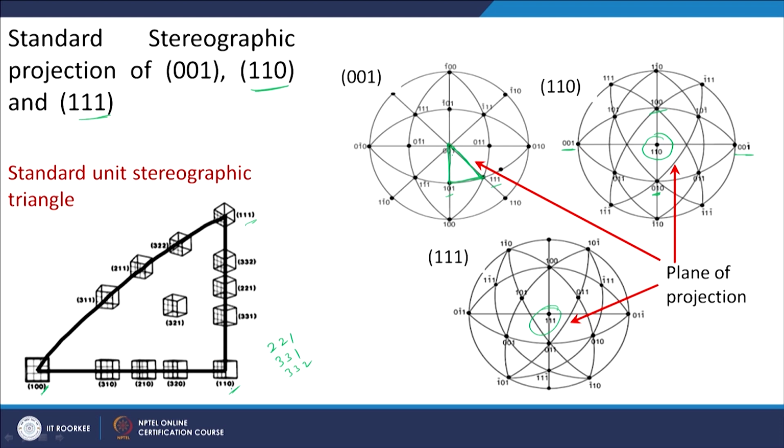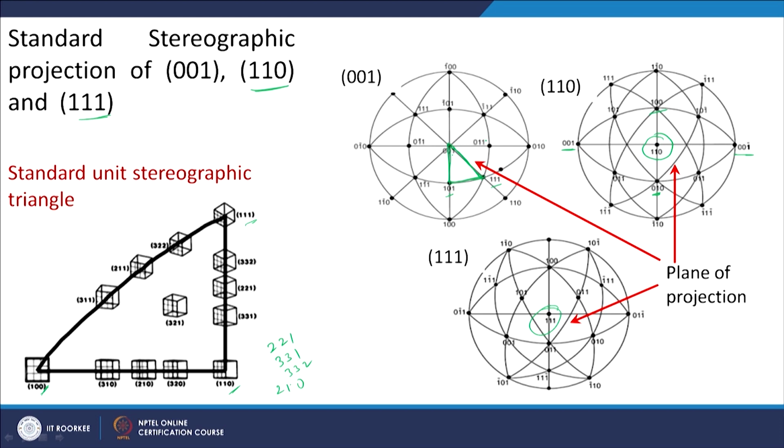Similarly, between 1 0 0 and 1 1 0, if you do a vector addition, it will be 2, 1 plus 0 is 1, and 0 plus 0 is 0. So, exactly at the center it will be 2 1 0, or it can be a multiple of that, 3 1 0 or 3 2 0 and so on. So, this is a standard stereographic triangle, and because of the symmetry of the cubic crystal, whatever is there in this one triangle will be repeated in other triangles.